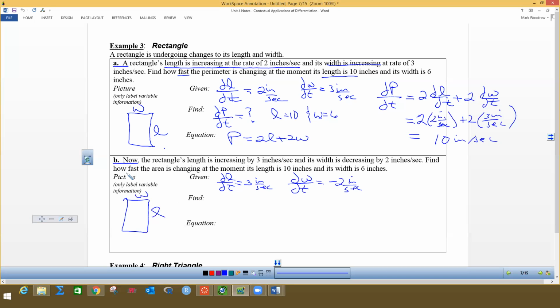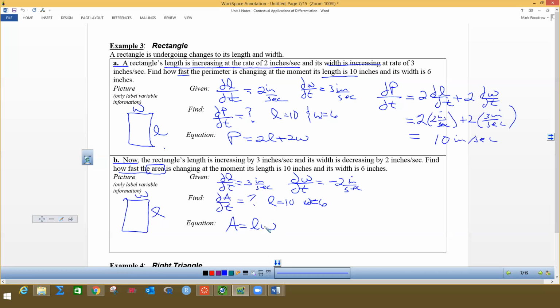Okay, and now it says how fast is the area changing the moment the length is 10. So we're looking for dA dt. You want to know what that is when L is 10 and W is 6. Okay, so our equation for area is going to be length times width. That's the area of a rectangle.